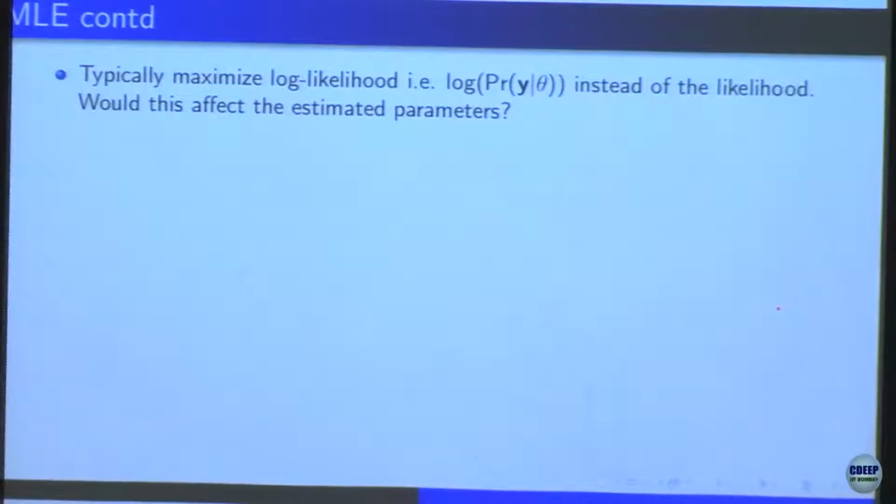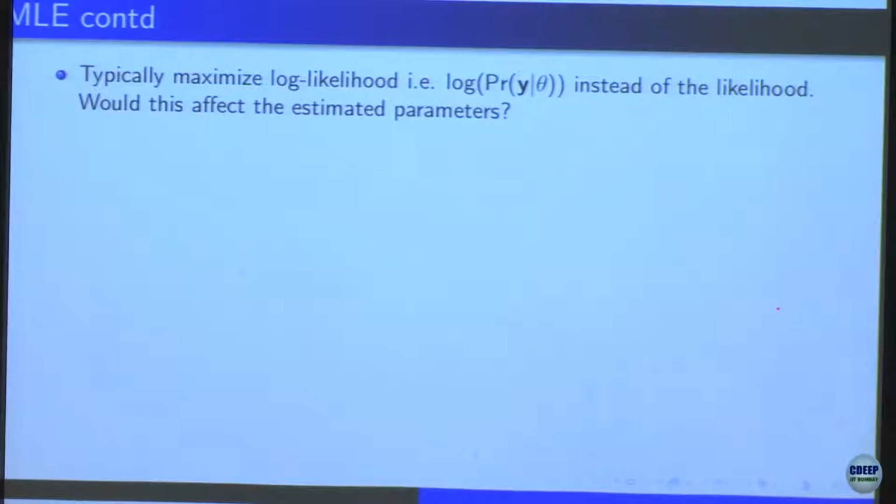So let's get to how this would change the parameter estimation. Instead of taking the likelihood, which was defined to be a product over all the examples, the product over the normal distribution, what if we tried the log? Typically the idea is you maximize log likelihood instead of likelihood. Why is log interesting here?